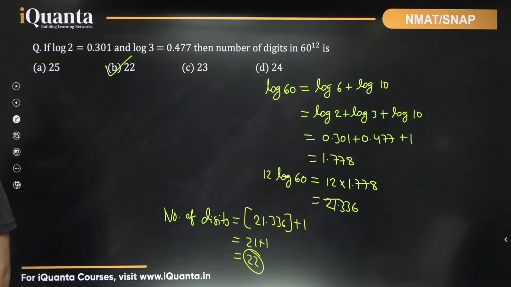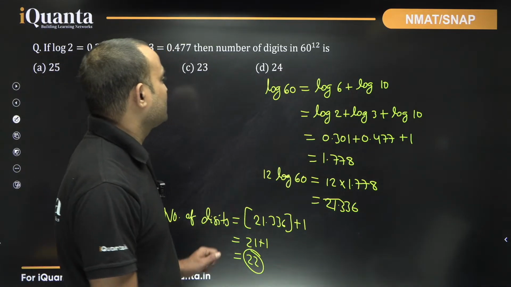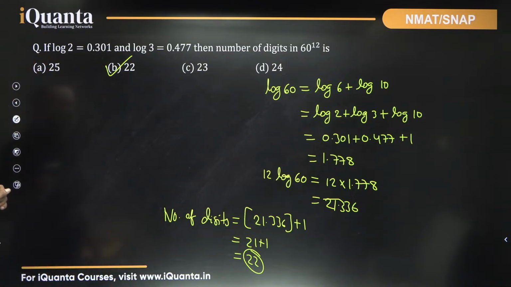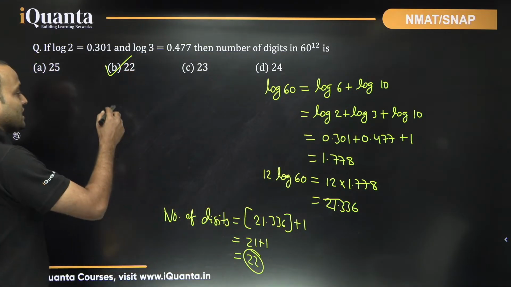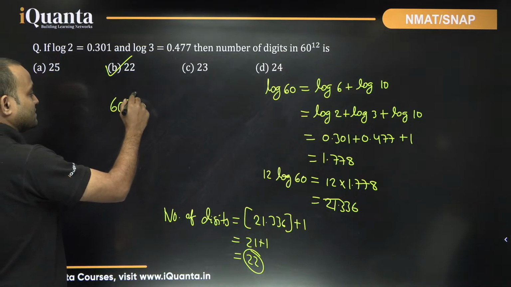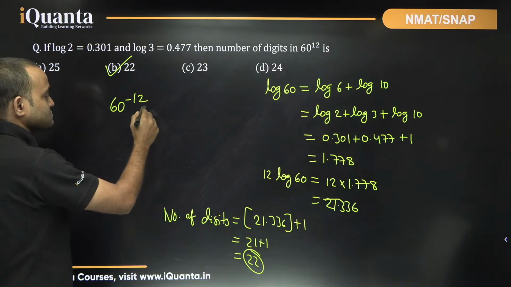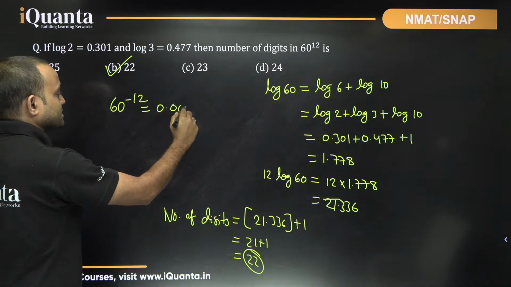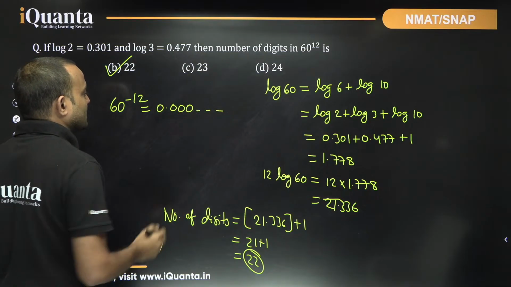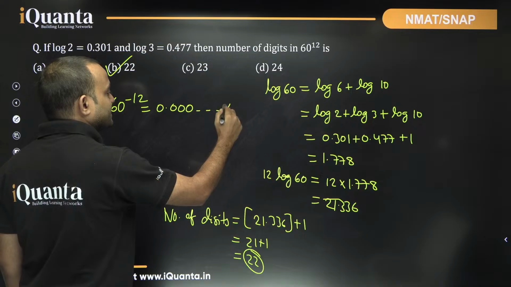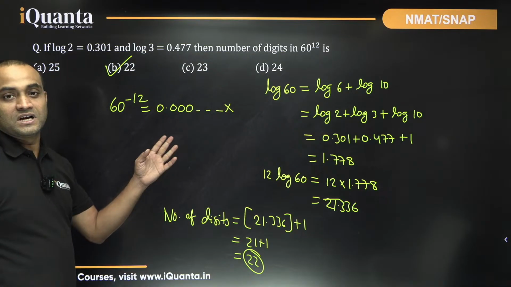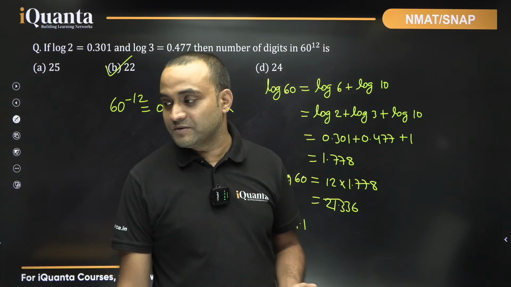Paris, Bhavana, Kumar Shivam, Shardul, Arpit, Siddhant, Nikita, absolutely correct answer, guys. Now, what will be the number of zeros? Can you tell me? If I say 60 to the power minus 12 is equal to 0.000 something, and at the end it will, I guess, have a significant digit, then what will be the number of consecutive zeros after the decimal point?